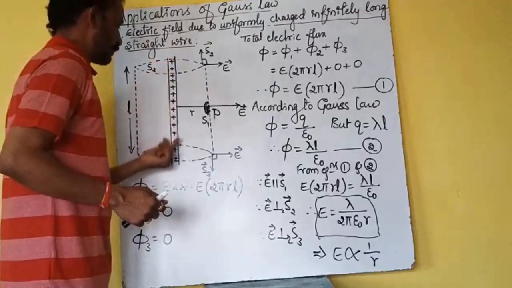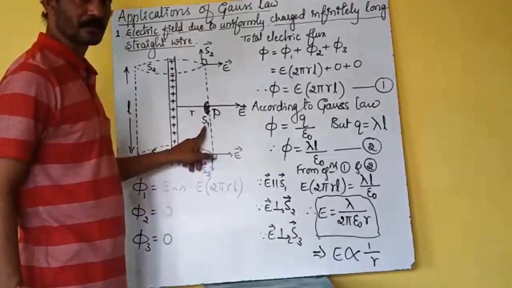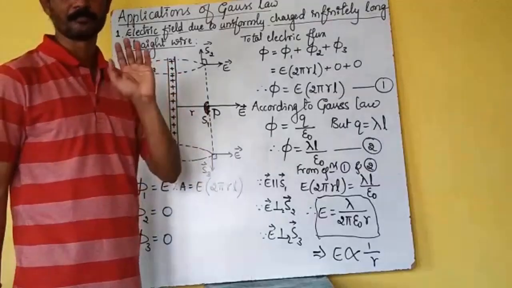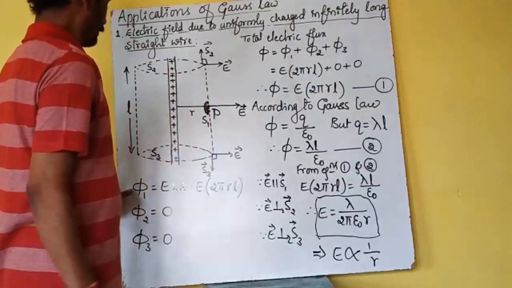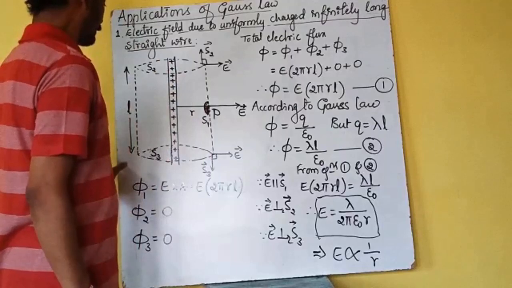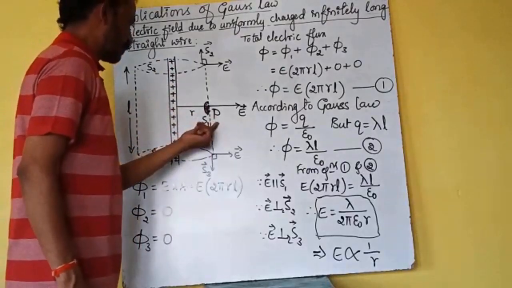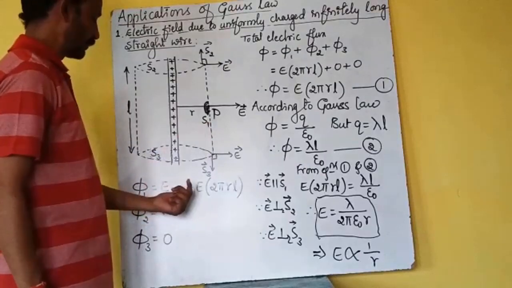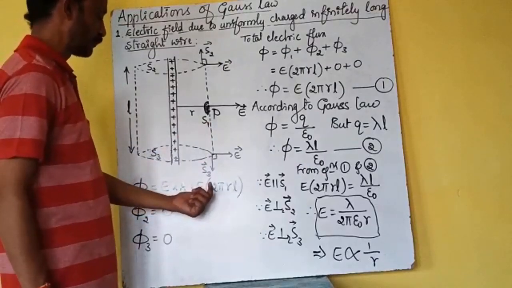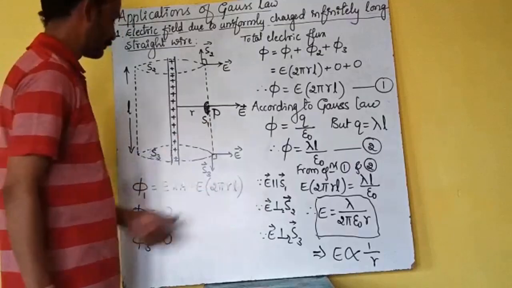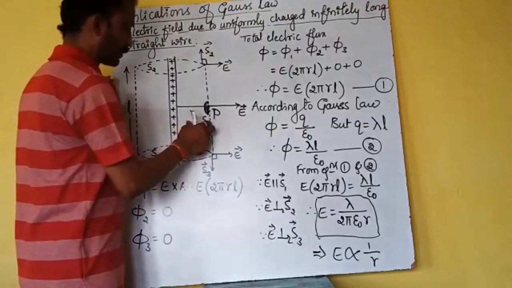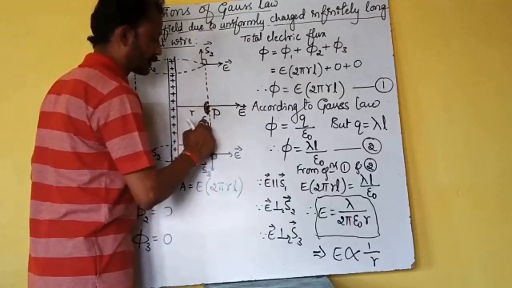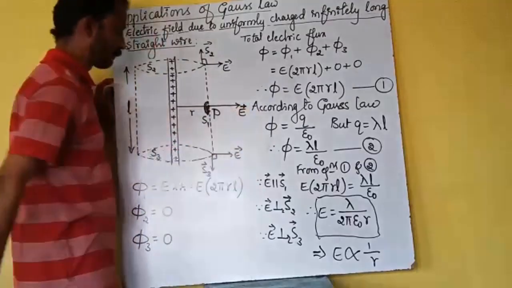This long straight wire has surfaces S1, S2 and S3 respectively. Now let the electric flux through the curved surface S1 be phi 1, equal to E into A, that is E into 2 pi r L. Here the area vector for the curved surface is along the direction of the electric field.